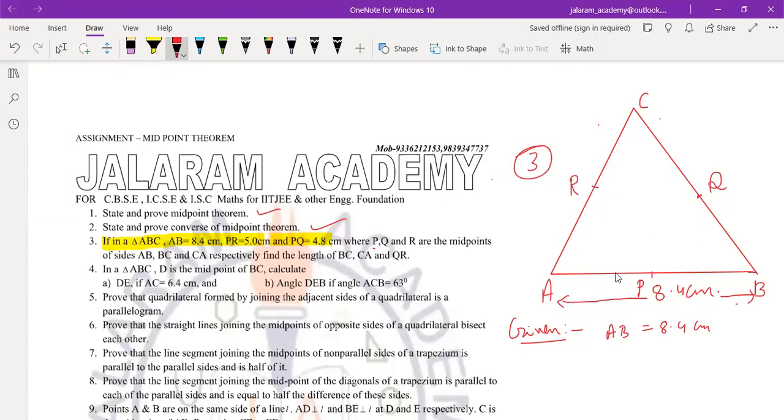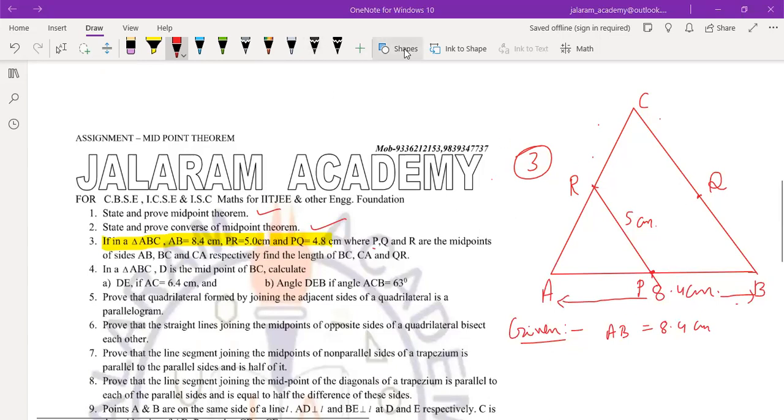PR equals 5 centimeters. So join P and R. This is P and this is R, and the length between them is 5 centimeter. PQ equals 4.8 centimeter.